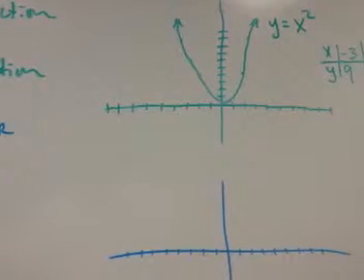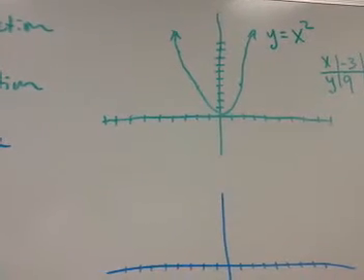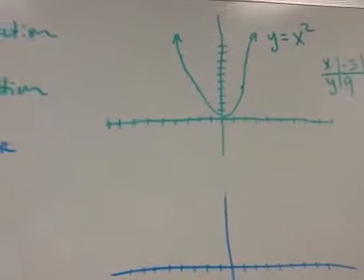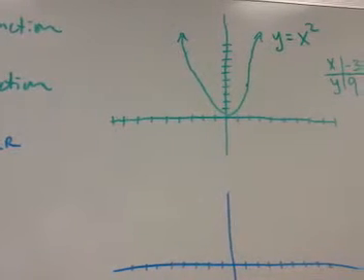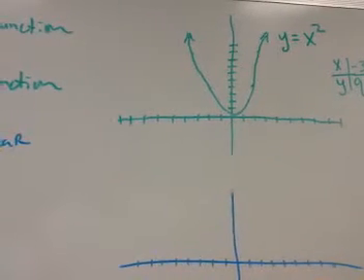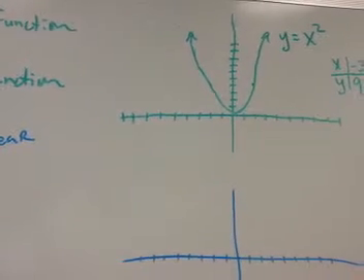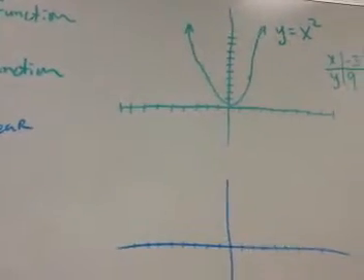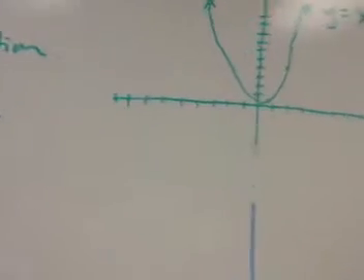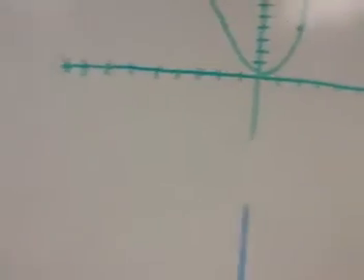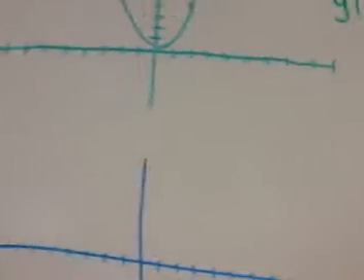And the parent parabola is, if you write it out, it's y equals x squared. Now, when you're dealing with a rather simple parabola, remember from before, we said something about quadratic equations.